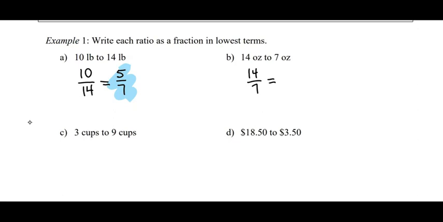Then we can reduce. 7 goes into 14 twice. So as a ratio, it's going to be 2 to 1 if we are keeping it as a fraction. We're not going to rewrite that as a whole number because we need to keep it as a ratio, 2 to 1.